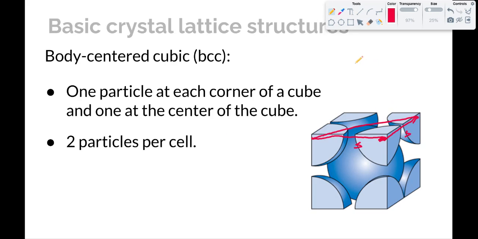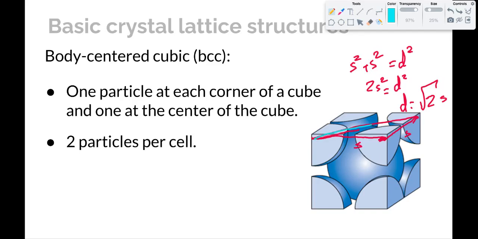It's going to be s squared plus s squared. That's the diagonal squared. So 2s squared is the diagonal squared. So the diagonal is the square root of 2 times s.